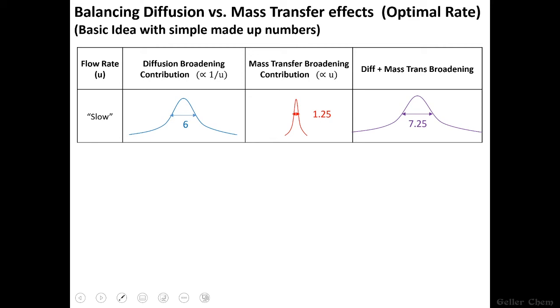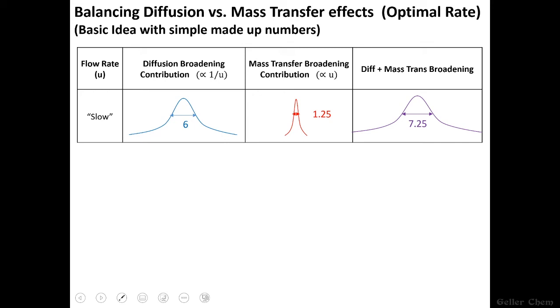However, at this slower flow rate, we'll say that the mass transfer broadening effects are rather small, since this is directly proportional to flow rate. And so let's say that the broadening effects at the half height from this mechanism cause the peak to expand by a width of 1.25. So between the two broadening effects, the total width will be 7.25 at half height. So that's just the peak width with both of these effects taken into account.